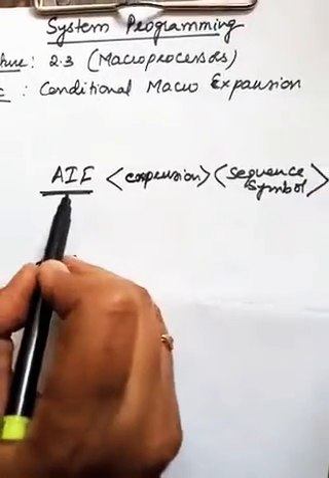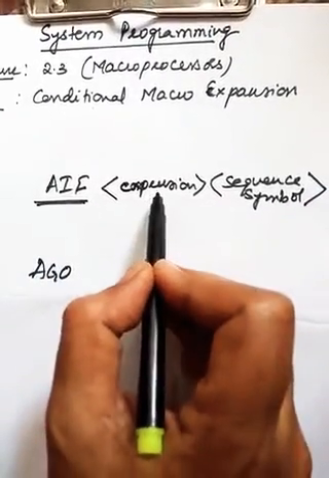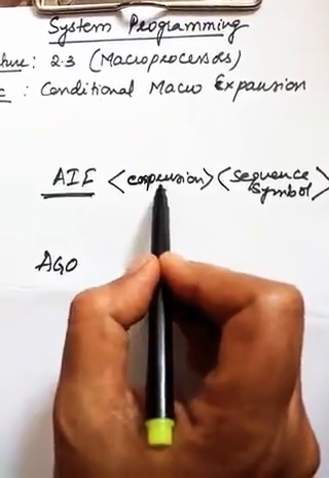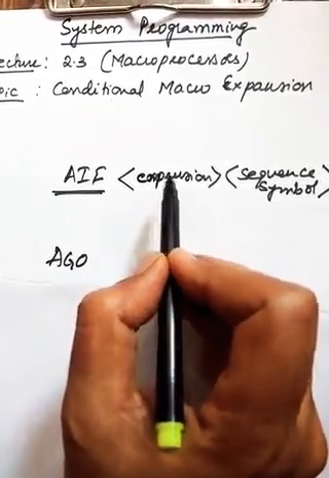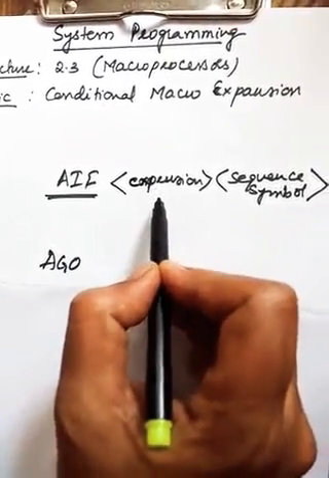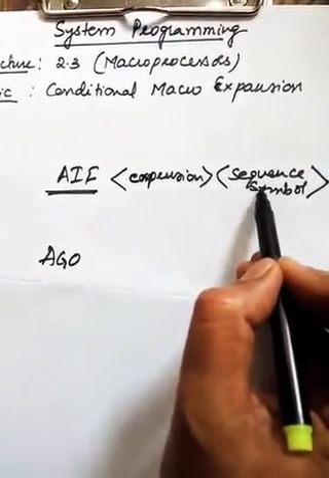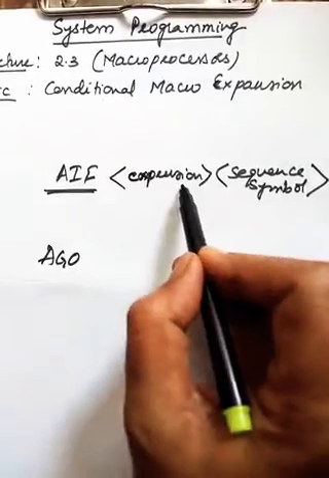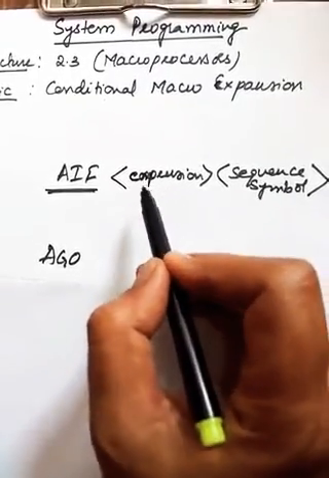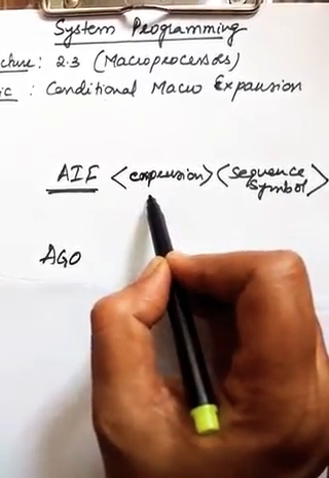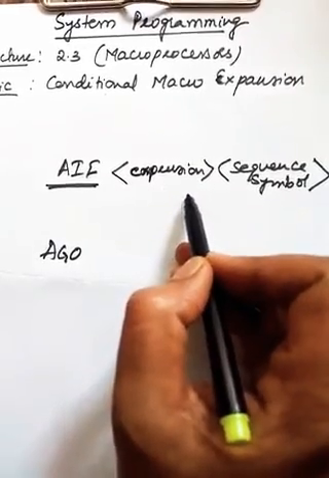This AIF statement evaluates the arithmetic expression given in the statement, and if the expression is found to be true, then the control is transferred to the given sequence symbol. If it is false, then the execution continues from the next instruction in the macro definition.